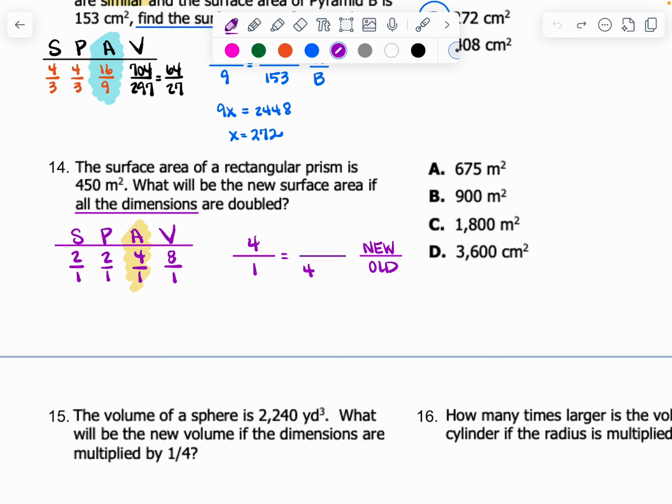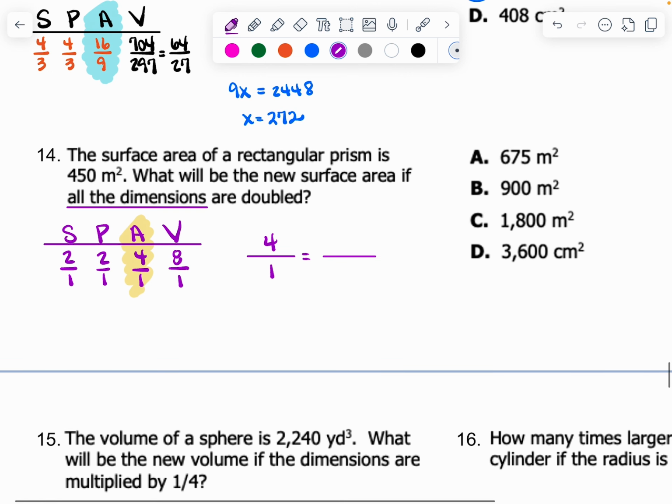And then the original one that they're talking about, with the surface area of 450, that's what's going, actually, I have that backwards, don't I? Sorry, let me erase this over here. What will be the new surface area if the dimensions are doubled?